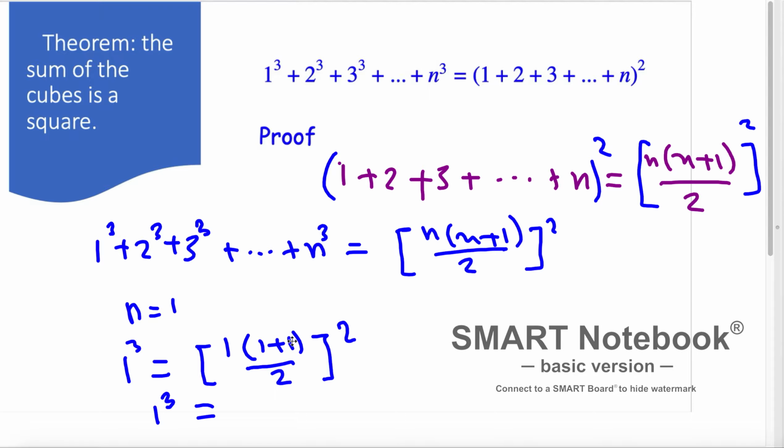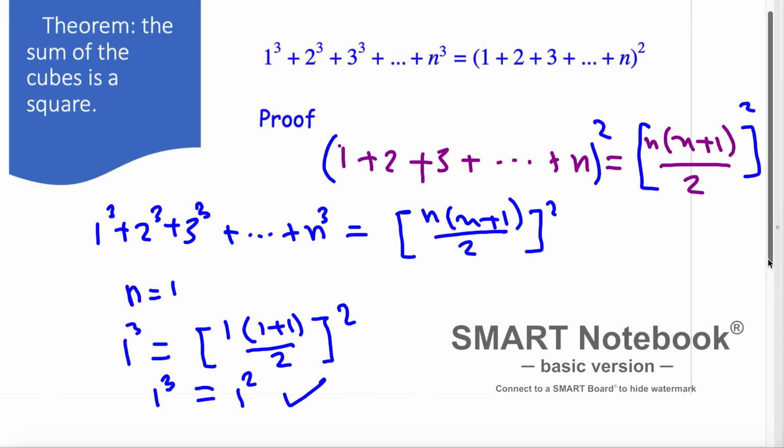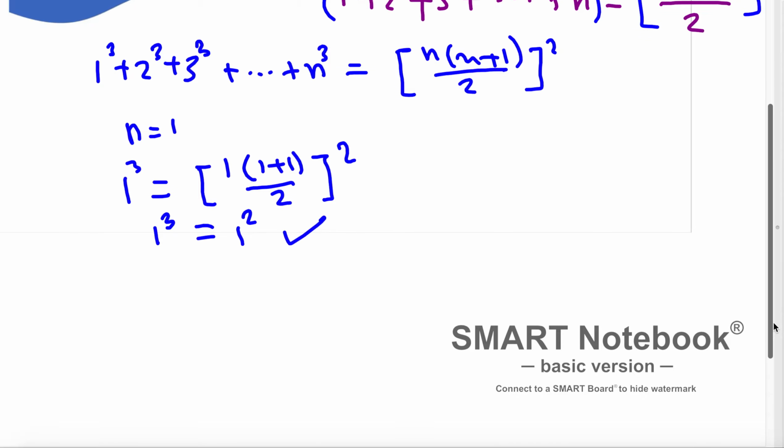So 1 plus 1 is 2, 2 times 1 is 2, divided by 2 is what? 1 squared. So 1 cubed is equal to 1 squared. So it holds.